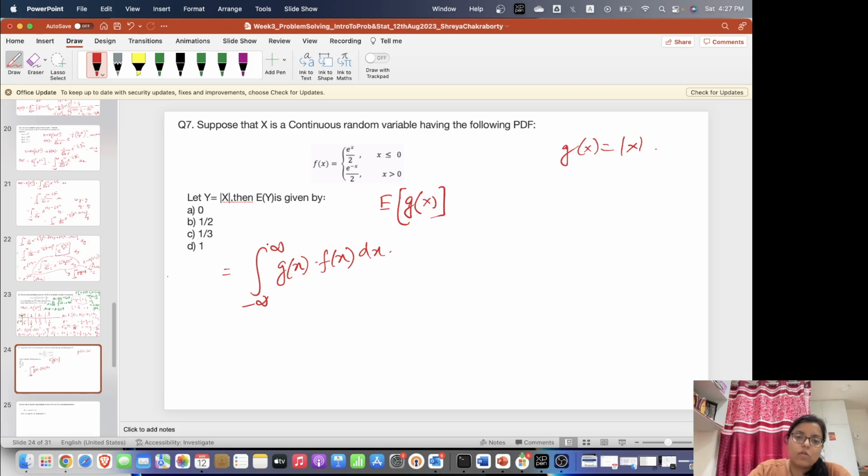So we can similarly break this entire thing into two parts. We'll have the integral from minus infinity to 0 of g(x) f(x) dx plus the integral from 0 to infinity of g(x) f(x) dx. Is it okay?